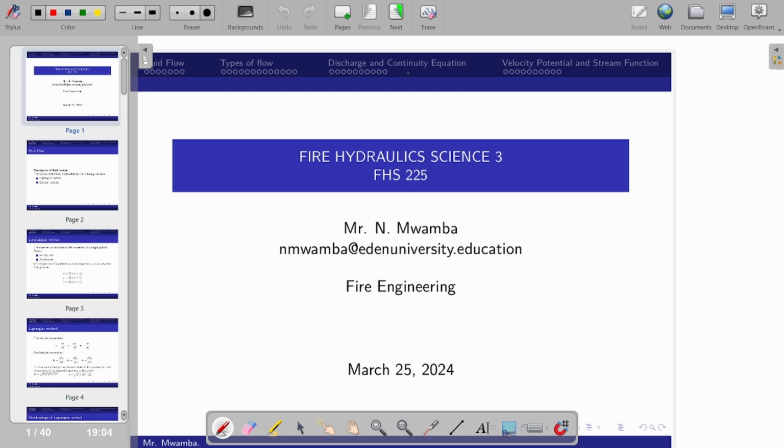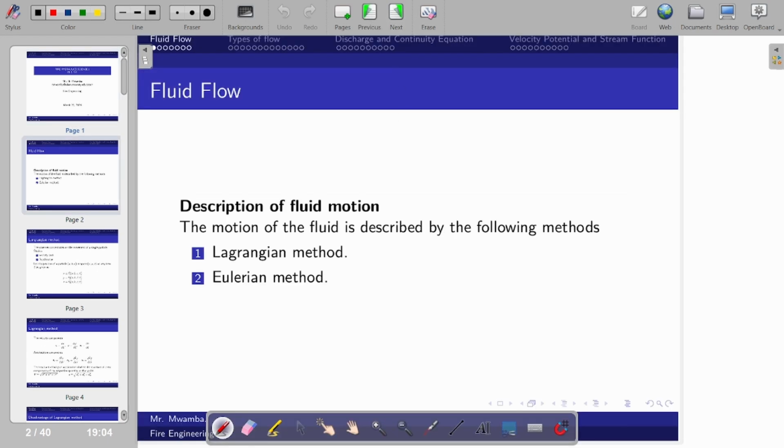Then today we're looking at fluid flow. So we'll be looking at different things concerning the flow of fluids and also the description of fluid flow. The motion of the fluid is described in two main ways. The first one is the Lagrangian method, and the second one is the Eulerian method.